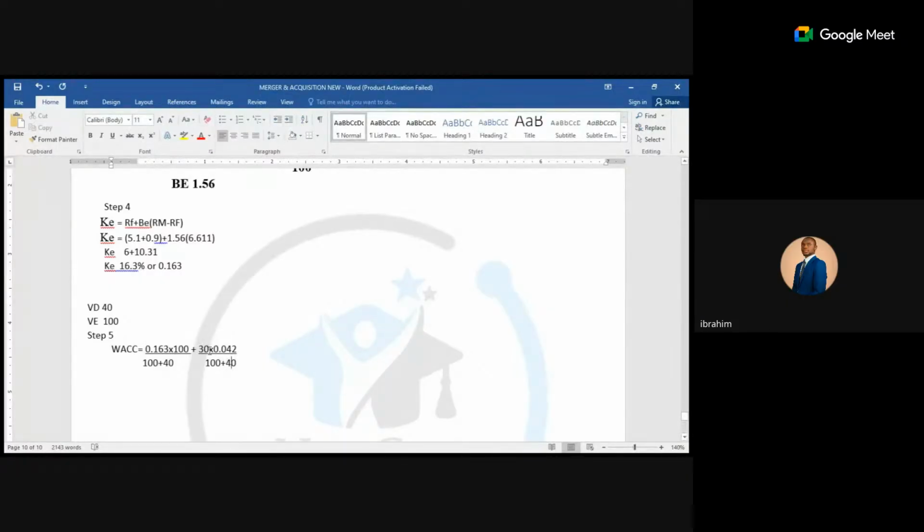So value of debt times the cost of debt.